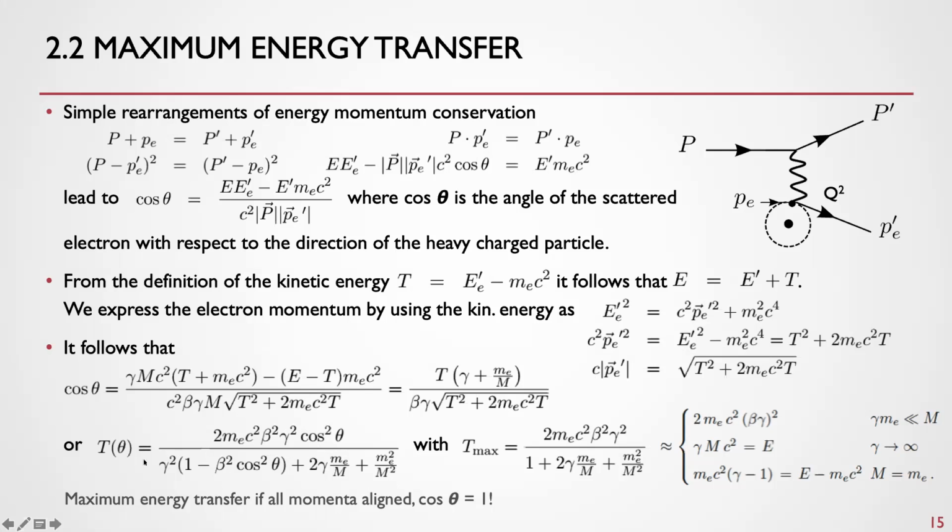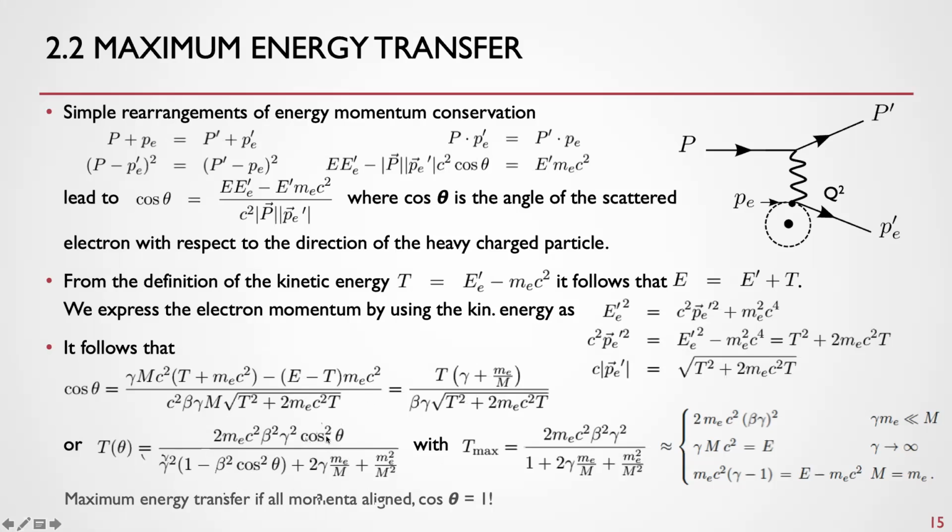This formula you don't have, of course, to learn by heart, but its limits are very interesting. First of all, the maximum is achieved for cosine theta equal 1, which means that's a head-on scattering event.